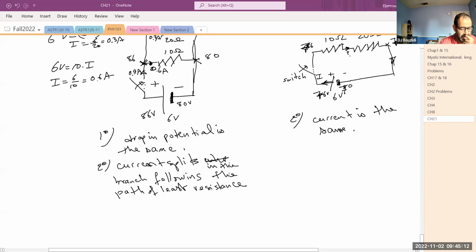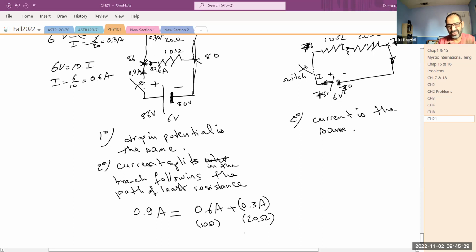In this example, when they split, I have 0.9 amp. 0.6 amp will go to the 10 ohm, and 0.3 amp will flow to the 20 ohm. So the 20 ohm, the higher resistance, will have less current in it.